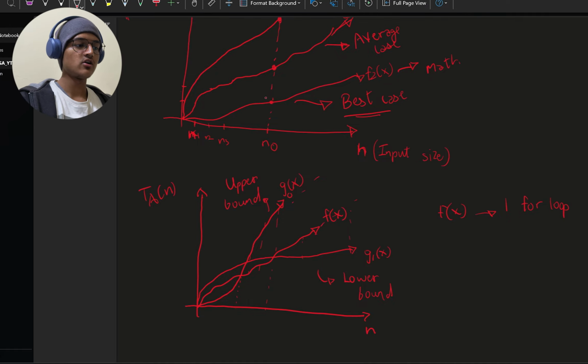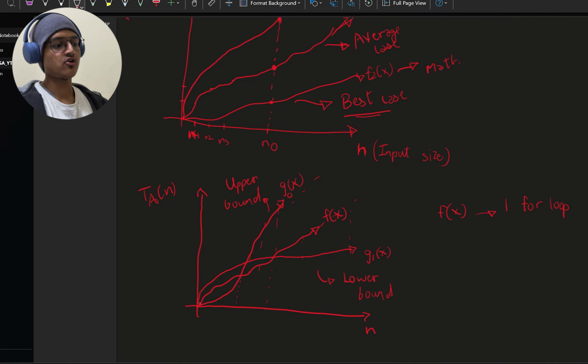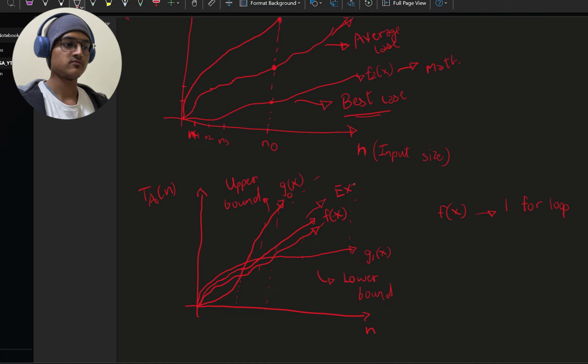Thus, this can be called the upper bound of fx and this can be called the lower bound of fx. So, for example, I also have one function which is almost parallel to fx. Not exactly, but almost. So it will always be at a constant spacing from fx. And because it mimics the behavior of fx, I can call this the exact bound.